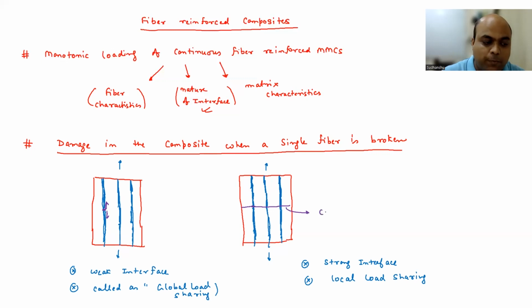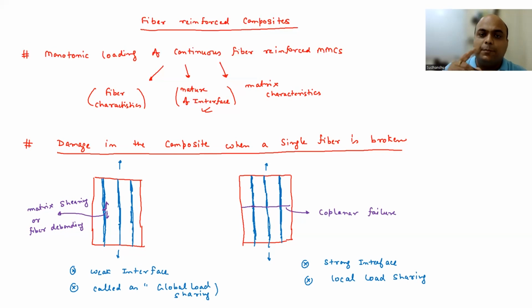So it is a planar failure. And here what you are going to observe is matrix shearing or fiber debonding because interface is weak.